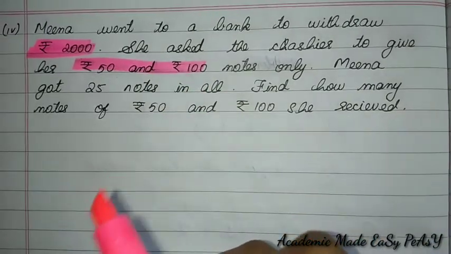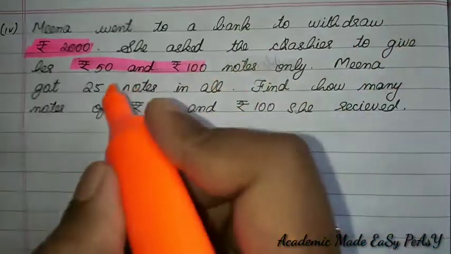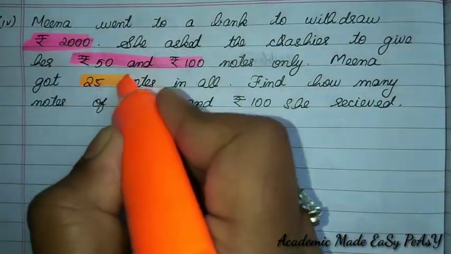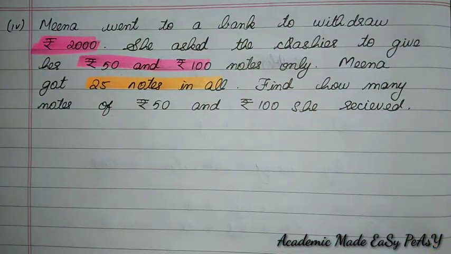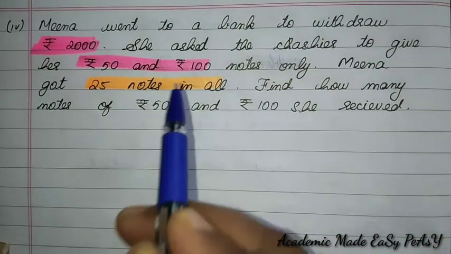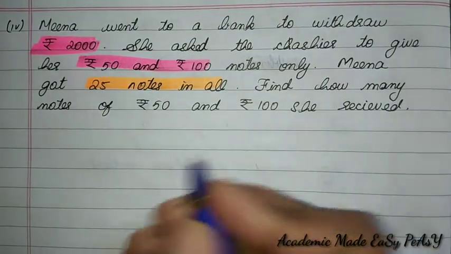So we have to take that as x. And one more piece of information given here is that there were totally 25 notes. Altogether 25 notes were there, so those 25 notes together had the amount of 2000 rupees.